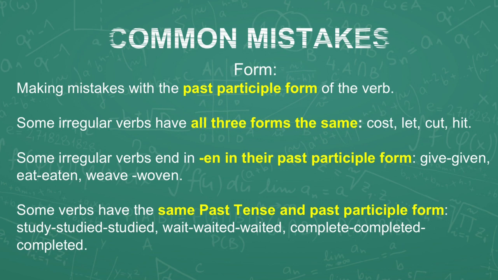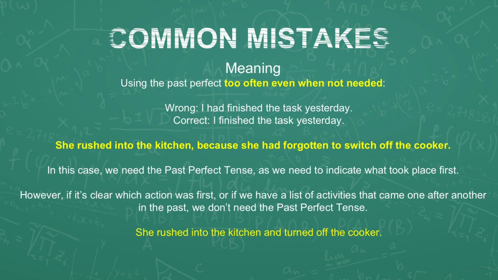Same goes for the verbs let, cut, hit, etc. Some irregular verbs end in en in their past participle form. For example, give becomes given, eat becomes eaten, weave becomes woven. Some verbs have the same past tense and past participle form. For example, study is studied for past tense and studied for past participle as well. In the same way, wait, waited, waited, complete, completed, completed.